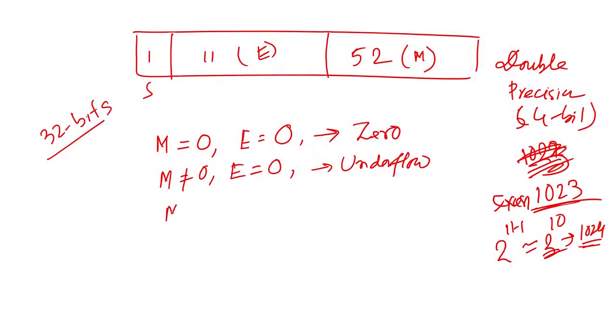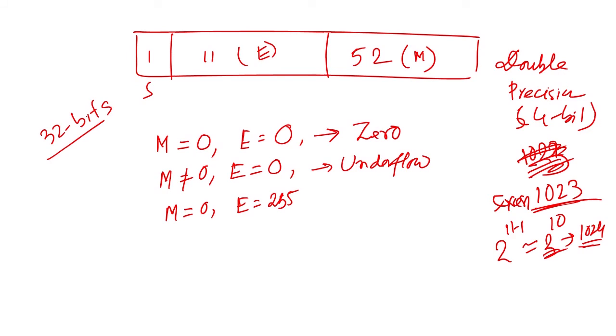If m is not equal to 0, however, the exponent becomes 0, that means you cannot further normalize it. So, this indicates underflow. And if the exponent is actually 255, that means you cannot further increase the exponent.